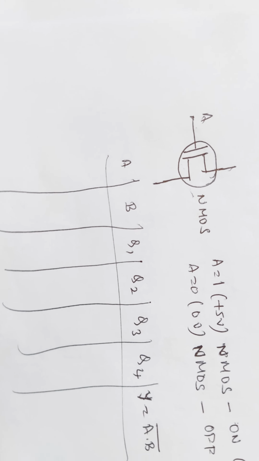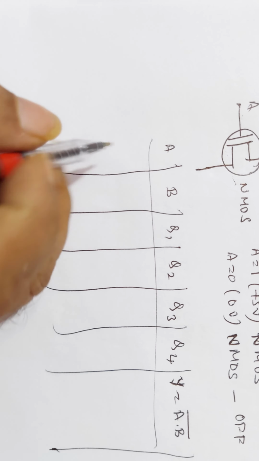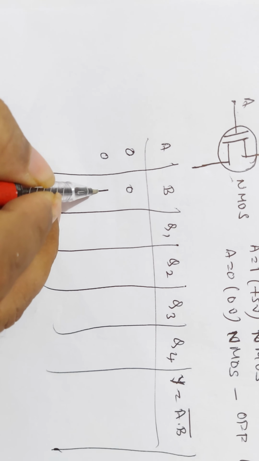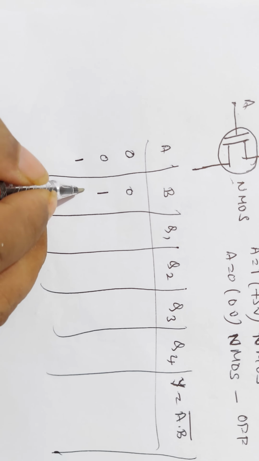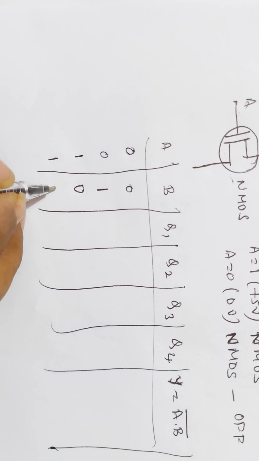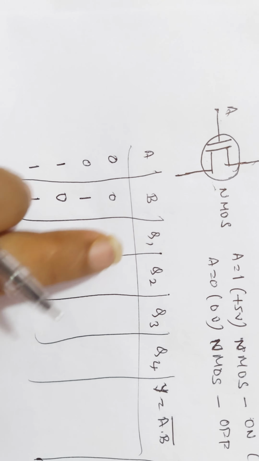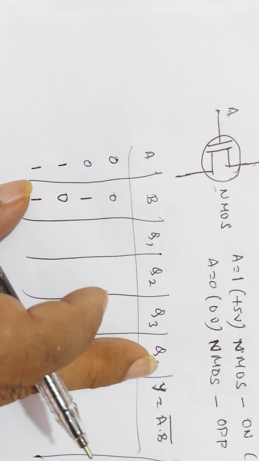The possible cases are: first input 0, 0; second input 0, 1; third input 1, 0; fourth input, both inputs A and B on. Now let us see what happens to the transistors Q1, Q2, Q3 and Q4.